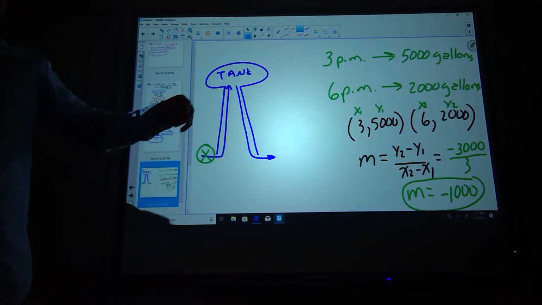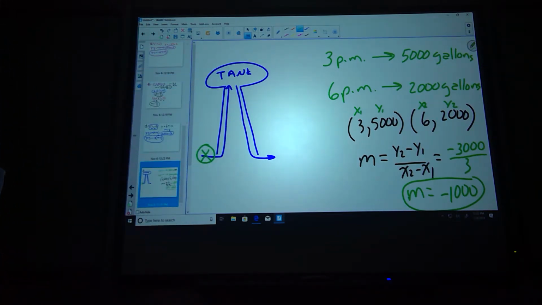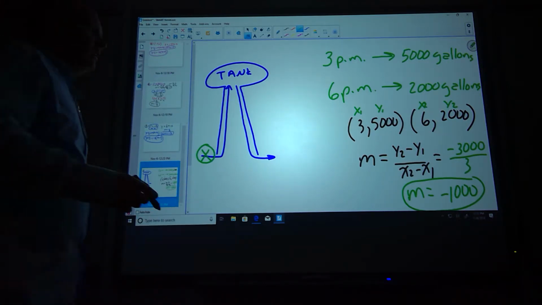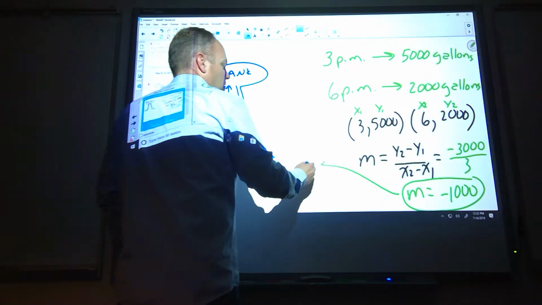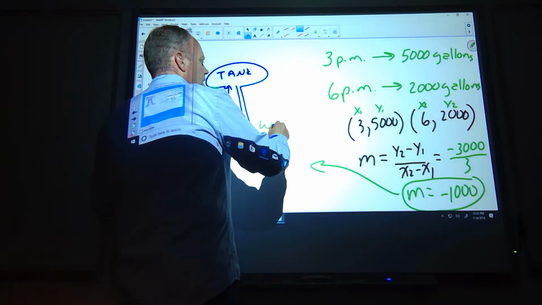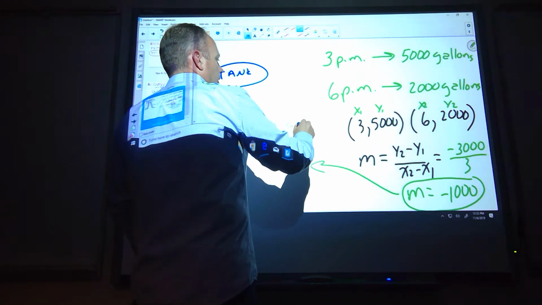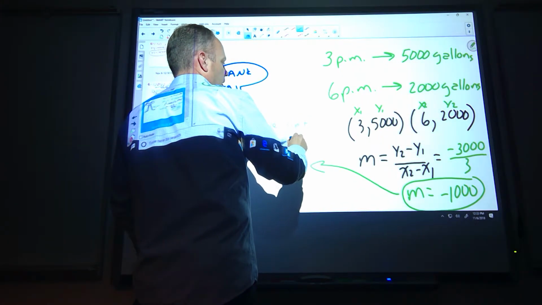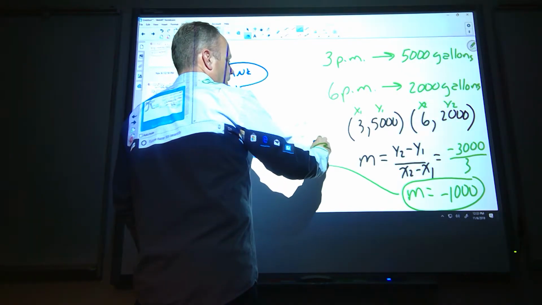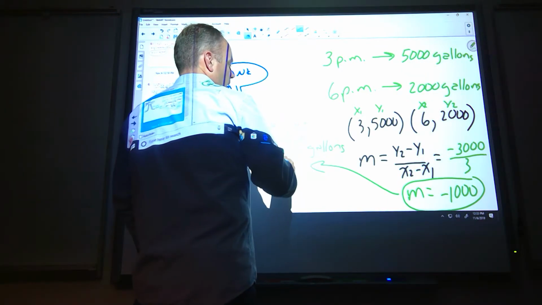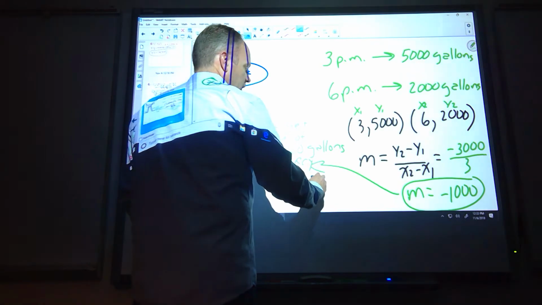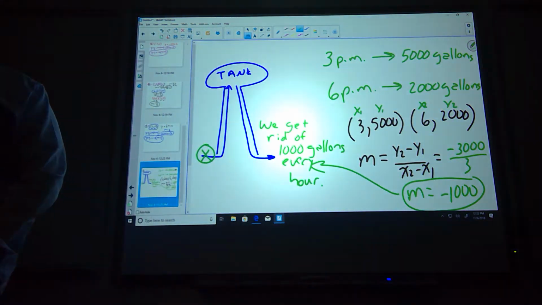And then at 6 p.m., there was 2,000 gallons in it. Okay? We found that we have a slope that is negative 1,000. So in the context of this problem, we get rid of 1,000 gallons every hour. That's how I talk about the slope in the context of the problem.